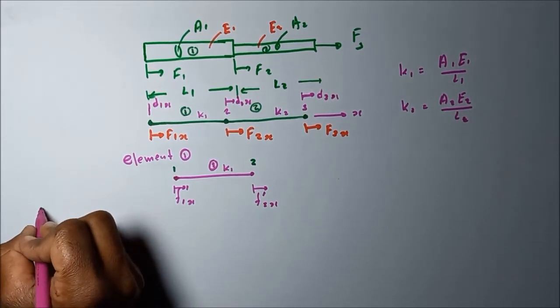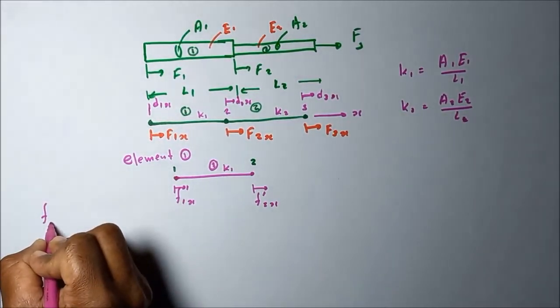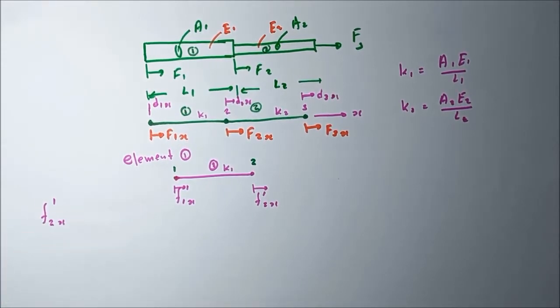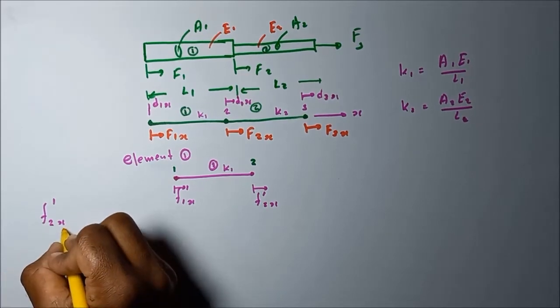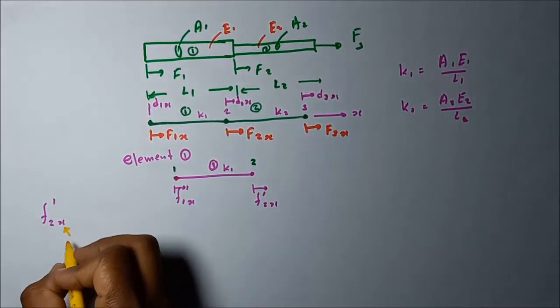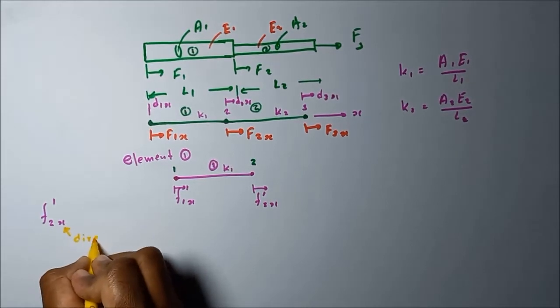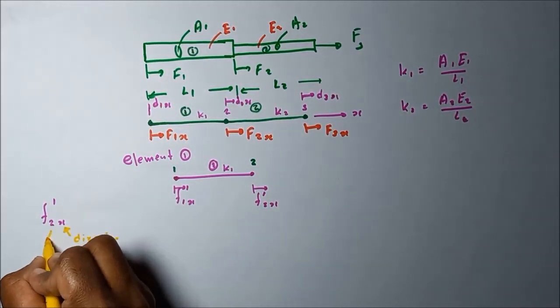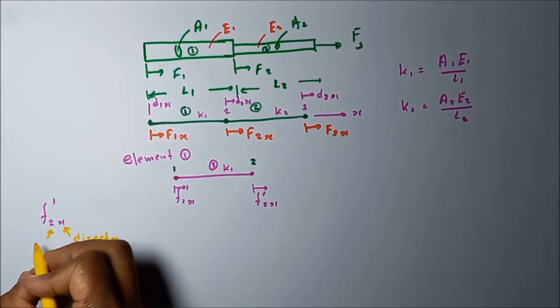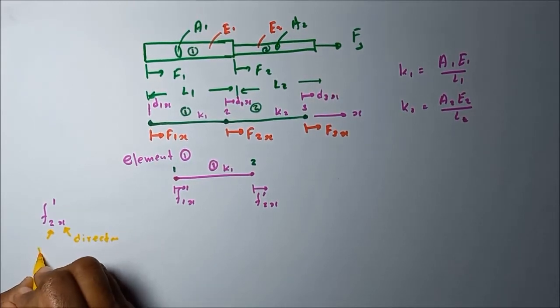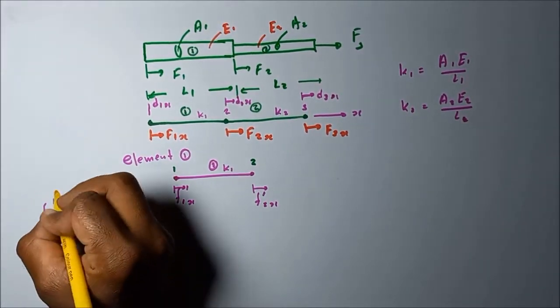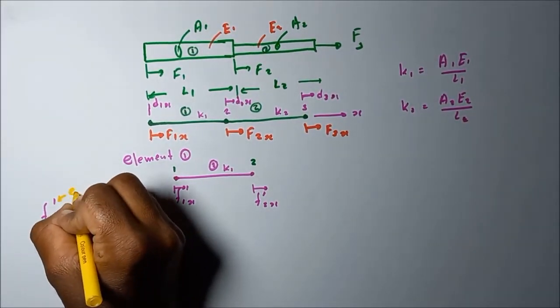In F2x1, the first subscript letter represents the direction in which it is acting, the next subscript letter represents the node at which it is acting, and the last one represents the element.